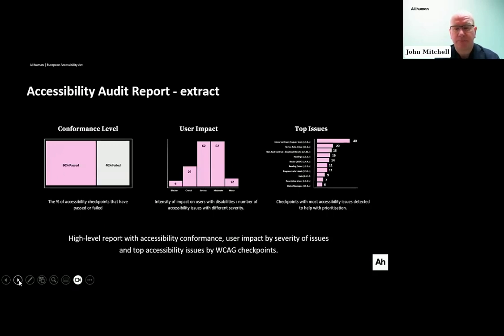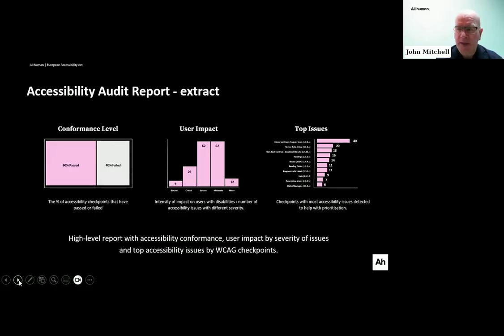At a very simplistic level, this is just a compendium of the typical types of outputs you get from an automated report. It typically gives a general conformance level for your site, or your sites if it's plural. So just a general macro scoring, which is your conformance level.